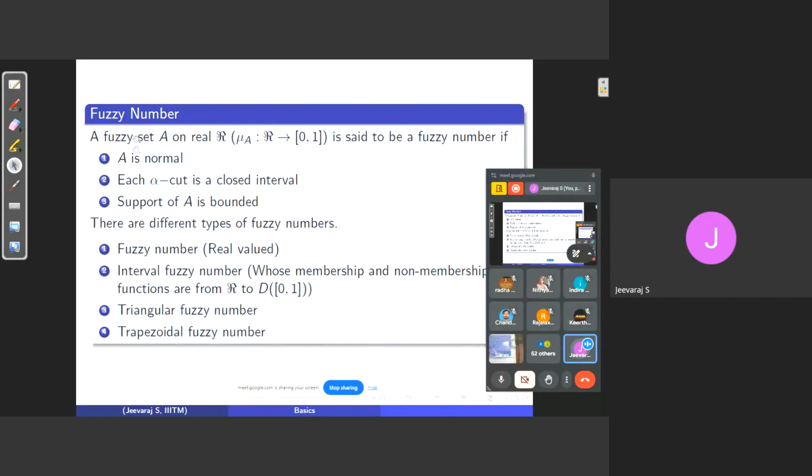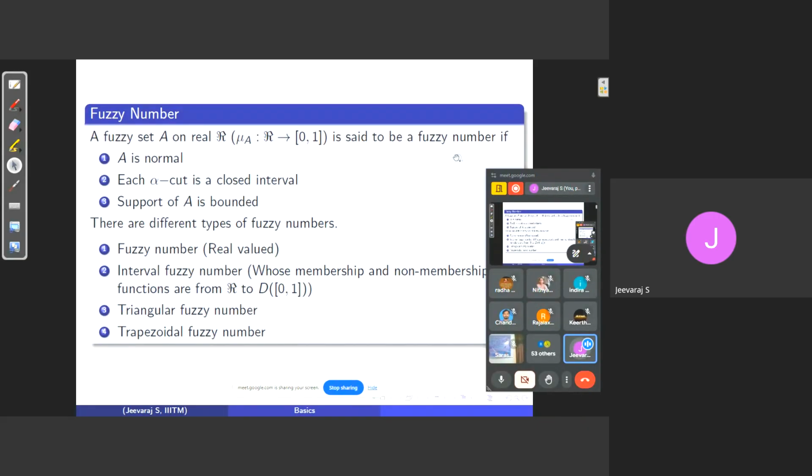First of all, every fuzzy set is characterized by a membership function, where the membership function mu A is a function from the set of real numbers to the closed interval [0, 1]. For any fuzzy set, the universal set can be any non-empty set, but in order to be a fuzzy number, the universal set should be the set of real numbers. R refers to the set of real numbers.